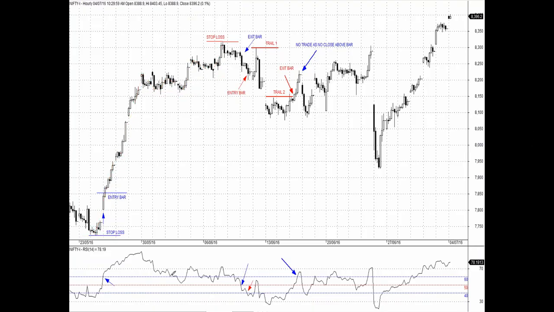Once the RSI comes and crosses 50, this becomes our exit bar. Once RSI goes below 50 and a bar is closed below 50, this becomes our exit bar.